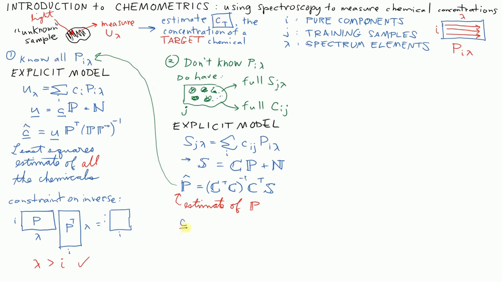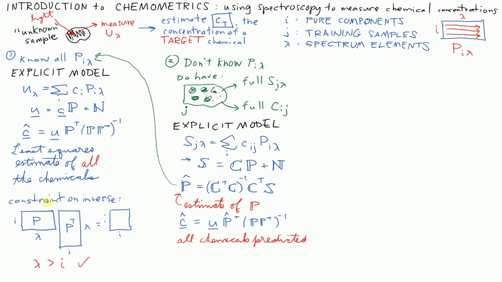It would be that the vector of concentrations of all the pure components in that training sample are equal to the spectral measurement you made, U, and then the formula looks almost identical to what it did before. It's just that you have these hats over all of the P's. I'll emphasize again that all the chemicals are predicted. Once again, we had to have a reference technique that was able to measure every chemical level in every sample. That's a lot of hard work up front. The payoff you get for that is you get the concentration of all the chemicals predicted at the end.